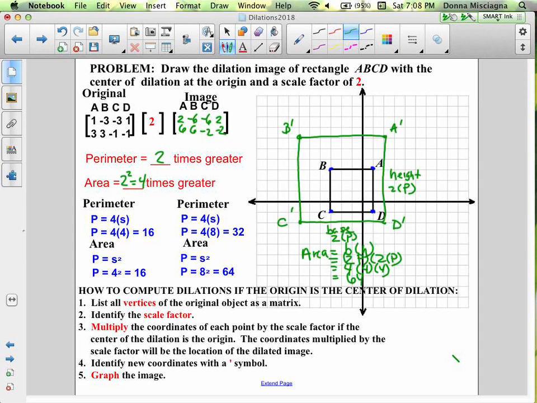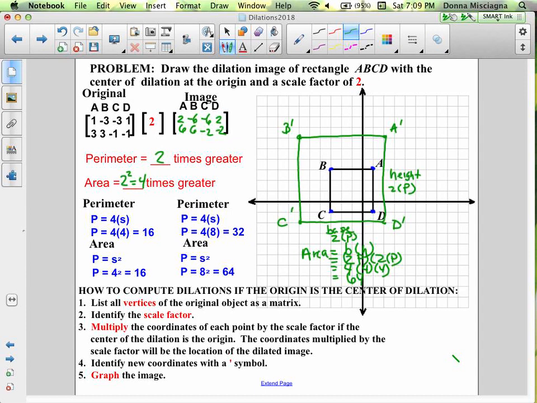All right. By the way, the steps for computing dilations, if the origin is the center of dilation, are in your notes. They're on the next problem. Each time we'll do the exact same steps so long as we're dilating around the origin. That is listing all the vertices of the original object as a matrix, which was already done. Identifying the scale factor, which I already did.